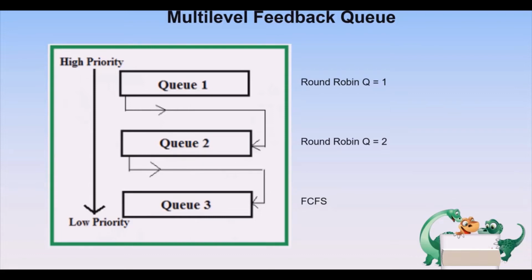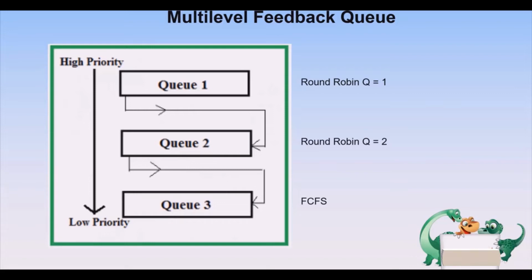A process running in a lower priority queue is interrupted by a process arriving in the higher priority queue. Remember that.